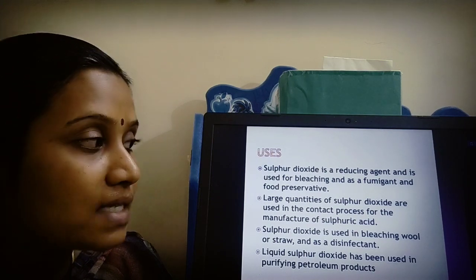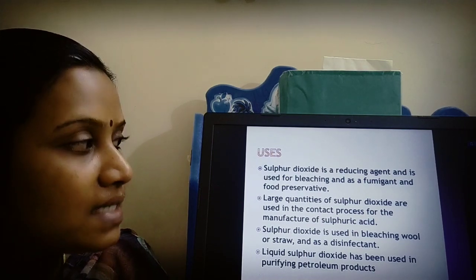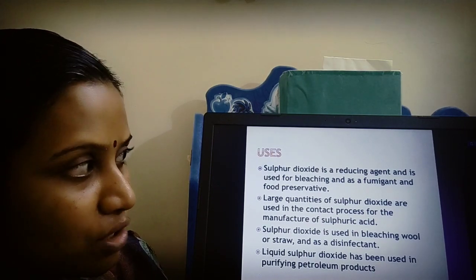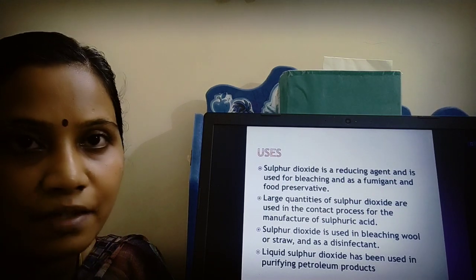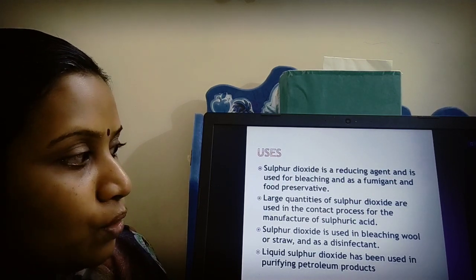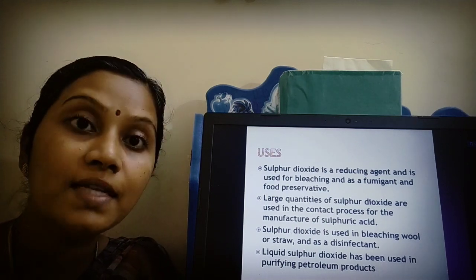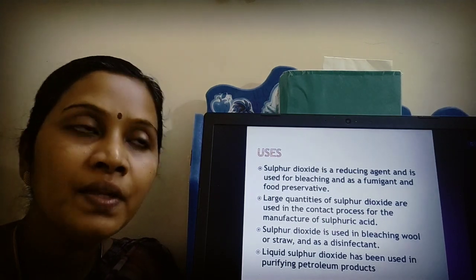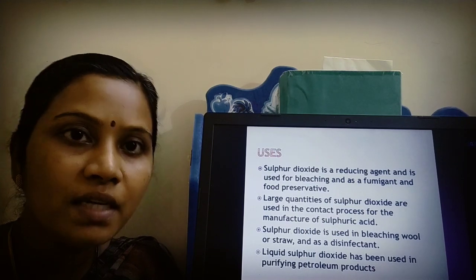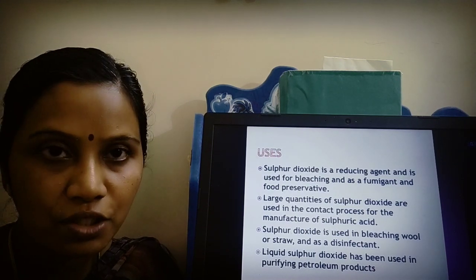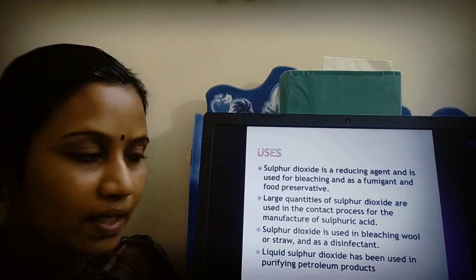It's used as a food preservative. And large quantities of sulfur dioxide are used in the manufacture of sulfuric acid, as we have seen, through the oxidation of sulfur dioxide followed by protonation.